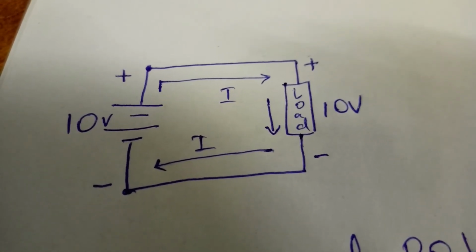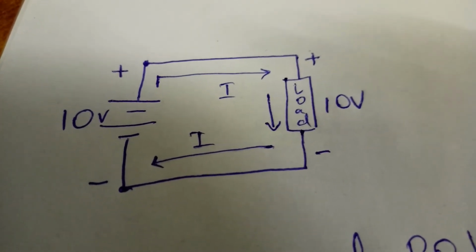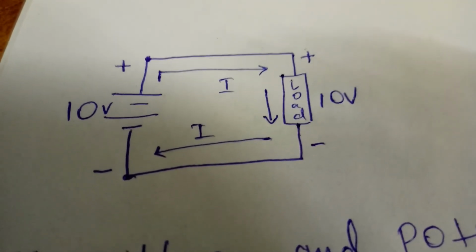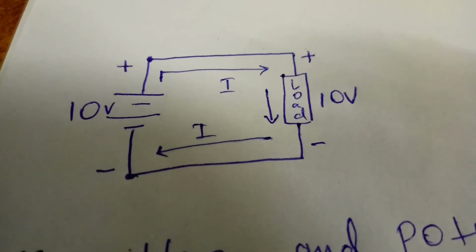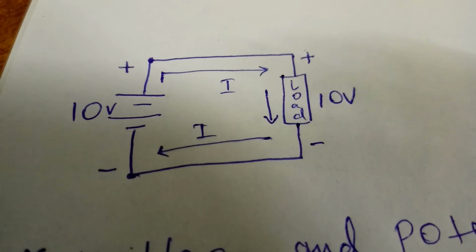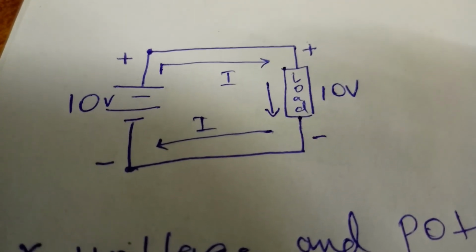Why? Because the load is connected to the battery. Here the potential difference of the load is 10 volt, or you can say the voltage across the load is 10 volt. Potential difference and voltage are the same terminologies, these are the same concepts. Potential difference is called voltage, voltage is called potential difference.